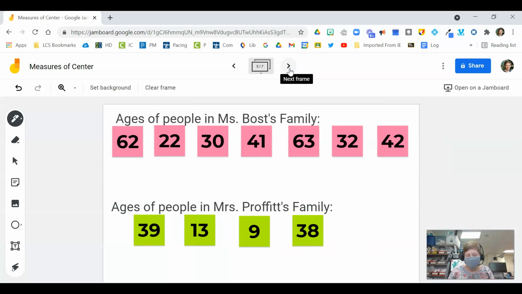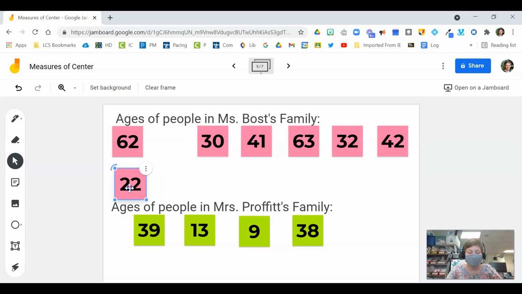So I think it's helpful to see maybe 2 more examples to make sure you know what's happening with median. So I asked Miss Bost about how many people were in her family and their ages, and here's what she shared with me. To find the median age of Miss Bost's family, we're going to first put them in order from least to greatest.